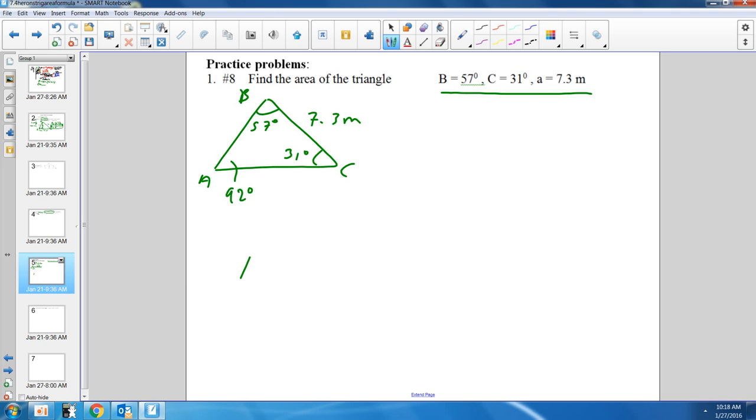And then what you want to do is use the law of sines, and let's say you just want to calculate what B is. So it's going to be B is to sine B as A is to sine A, by multiplying both sides by sine 57.